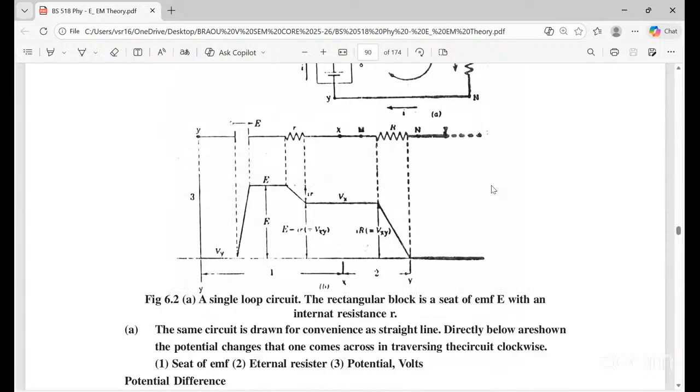So a single loop circuit 6.28, which is a rectangular block, which is a set of EMF E with an internal resistance small r. Okay, so many print mistakes are there. Please correct it.